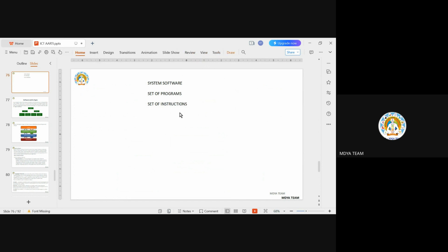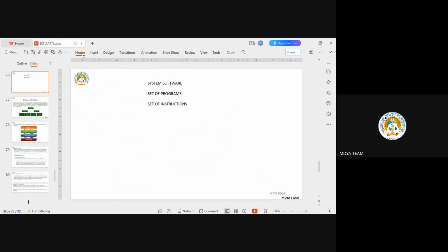From here we will understand that every software has a set of programs written in it, which means there are many instructions written in the software. So all software works on these instructions.